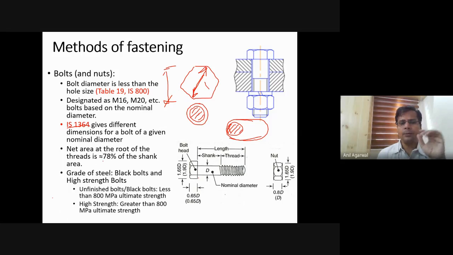Okay, typically the area of the reduced cross section at the thread level, as you can see, the net cross section at the thread level is smaller, right? You can see it, right?